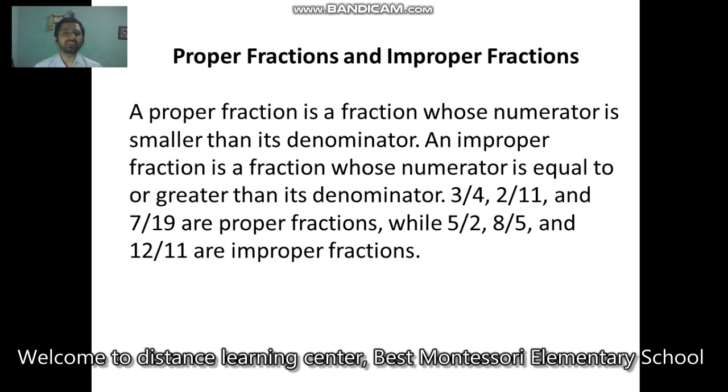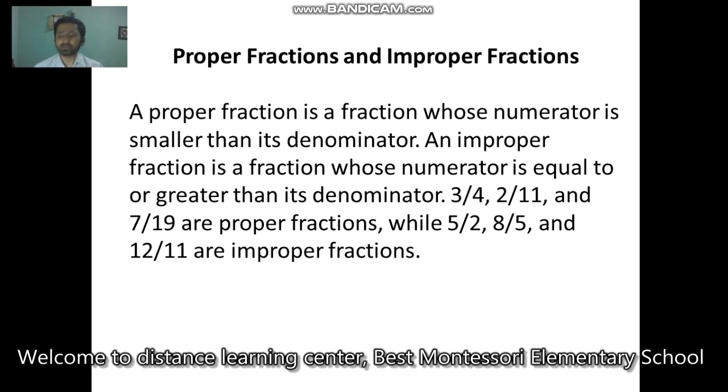Whereas if the denominator is smaller, or you can say the numerator is greater than the denominator, then those types of fractions are called improper fractions. 5 by 2, 5 is greater than 2. 8 by 5, 8 is greater than 5. These are examples of improper fractions.